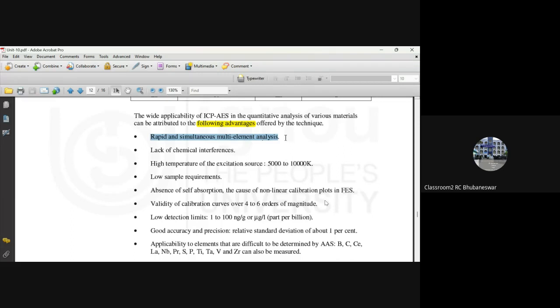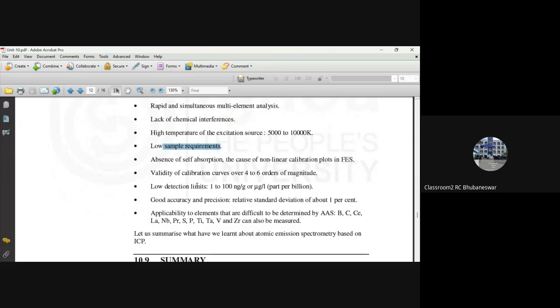Then the lack of chemical interferences: mostly when you are using plasma, the excitation source is a very high temperature source, so almost all atomization is happening, and the chemical interference is expected to be minimal. Then low sample requirement: a very small amount of sample is required for the study.